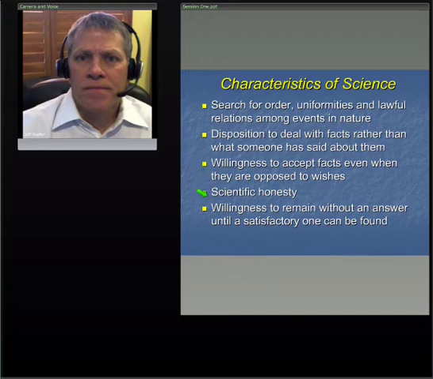The next characteristic of a science is scientific honesty. And here we recognize the fact that scientists are human, and they are subject to the same contingencies that everybody else is subject to. Although we try to be honest in what we present, there are always conditions under which science may go adrift and publish things which are not necessarily honest or straightforward.